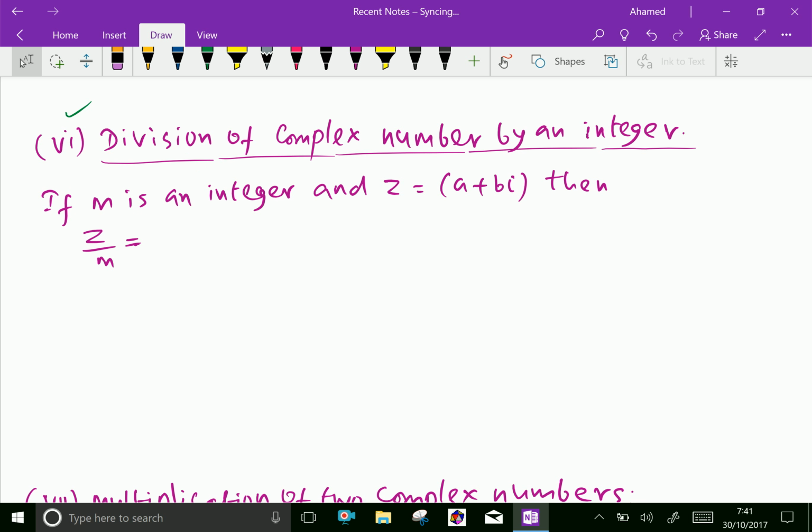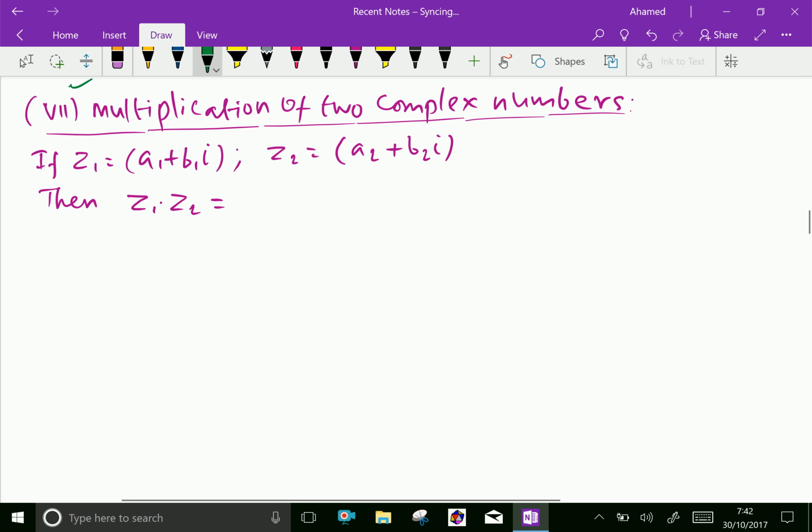Division of a complex number by an integer. Here if m is an integer and z equals a plus bi, then z over m equals a plus bi over m. Distribute m over both the real and imaginary parts, that is a over m plus b over m i.